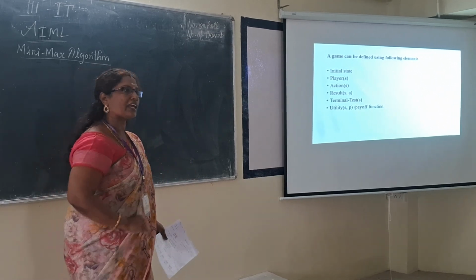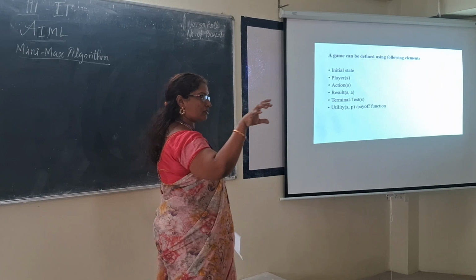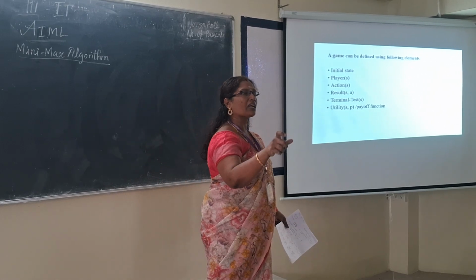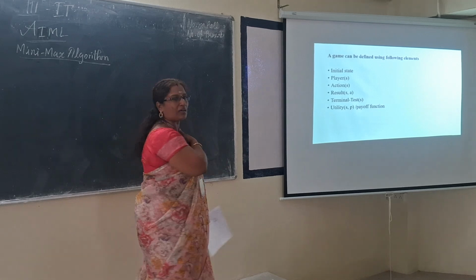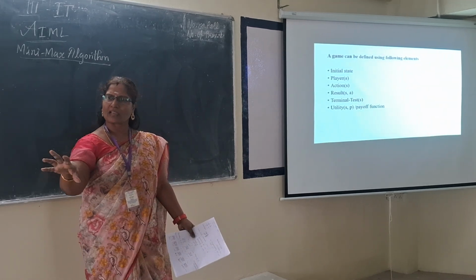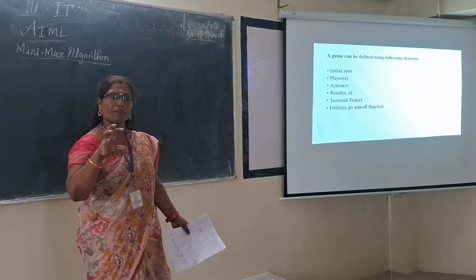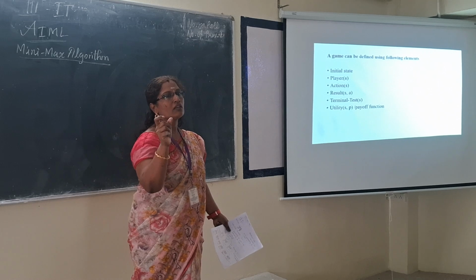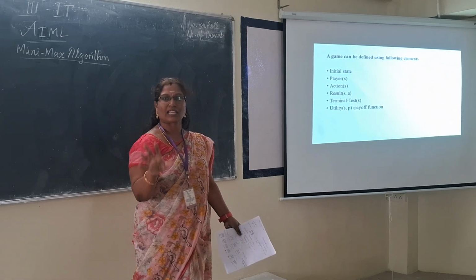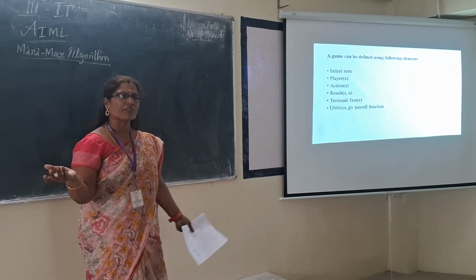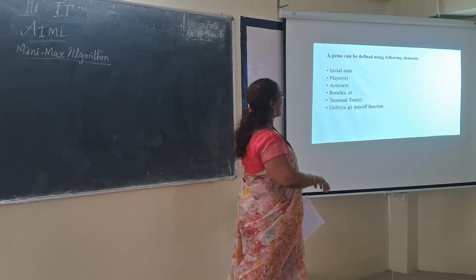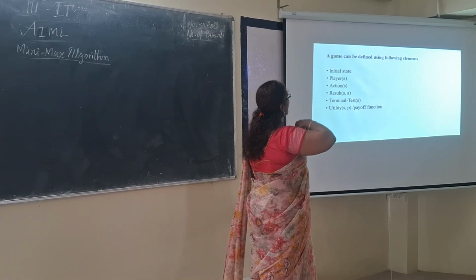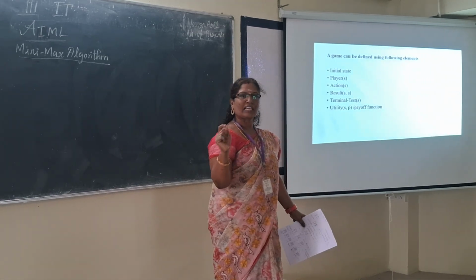In many games, the winner is announced depending upon the timing. Some games declare the result based on some value, which may be a time or a score, it may be anything. That is the utility or payoff function. So these are the elements we use when we define any game.